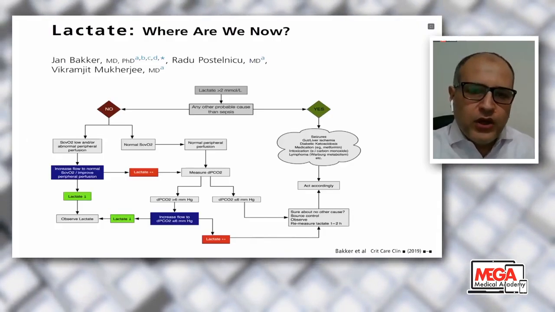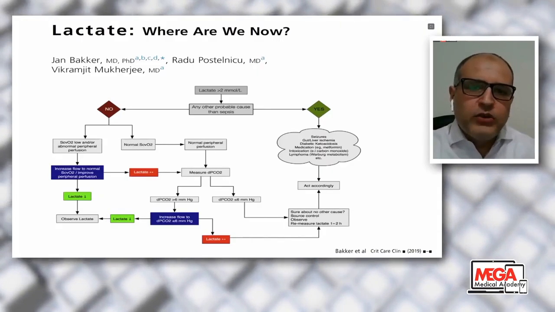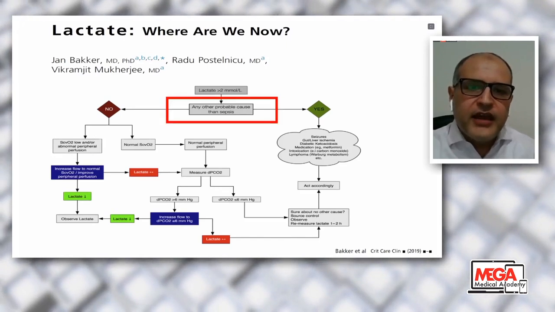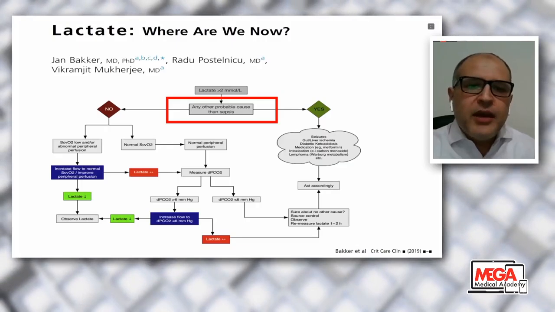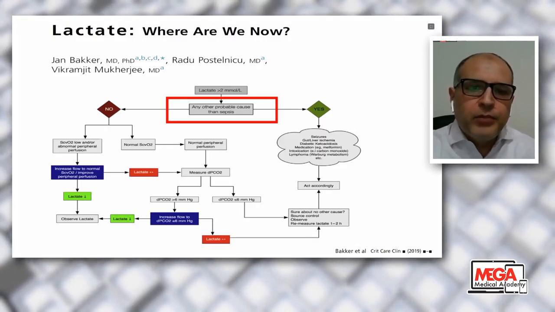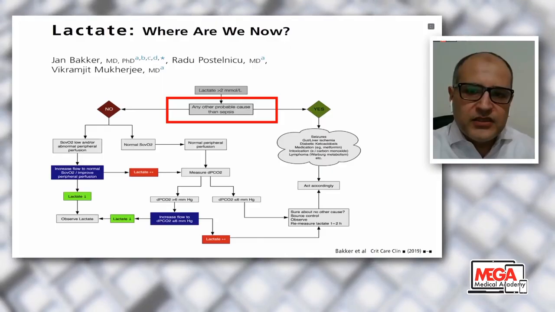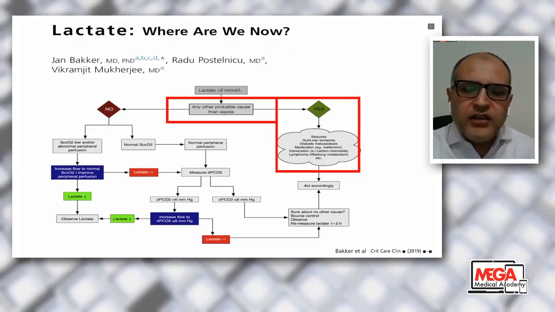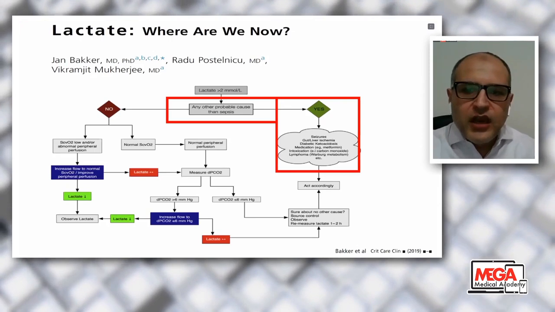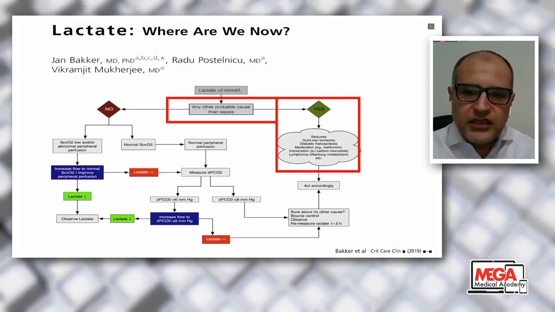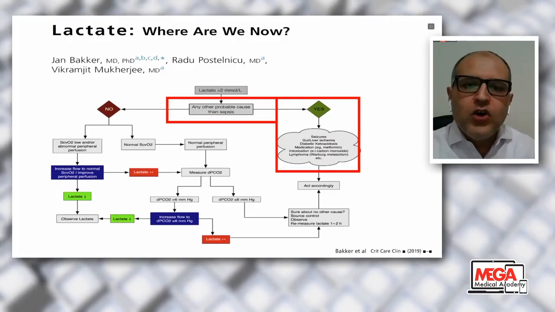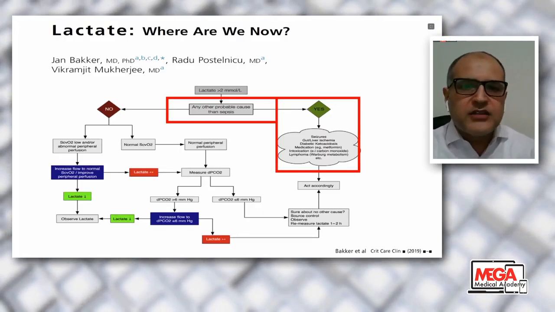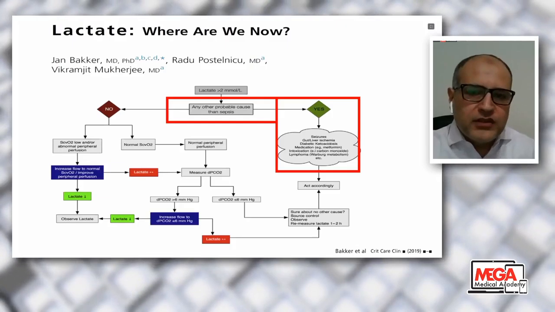If we look at this algorithm, we find the first step after finding an elevated lactate is to see possible causes of increased lactate other than sepsis, which means that we have other causes of increased lactate such as seizures, liver ischemia, diabetic ketoacidosis, and some medications.